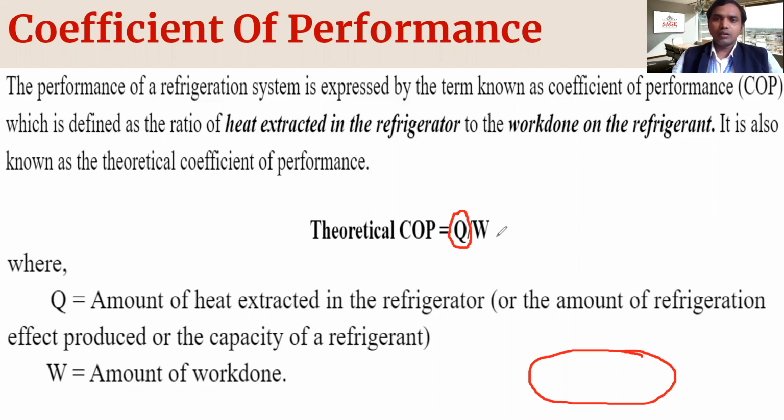And this is the work done to achieve this extraction of heat from the lower temperature, because heat cannot flow spontaneously from lower temperature to higher temperature; it is not a natural phenomenon. It can flow from higher temperature to lower temperature, but in case of refrigeration, as we have already discussed, heat is flowing from lower to higher temperature. So the COP of a refrigerator is the output, the heat extracted from the lower space, Q, and the input is the work done.